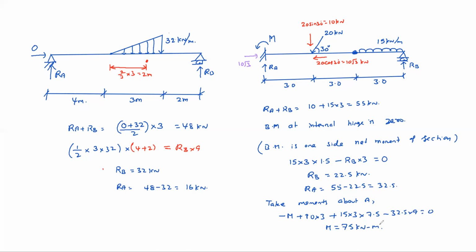Clear, sir. Okay, ma'am. Now we'll go to shear force and bending moment directly. Shear force is defined at any section as the net force on one side. Net means algebraic sum.